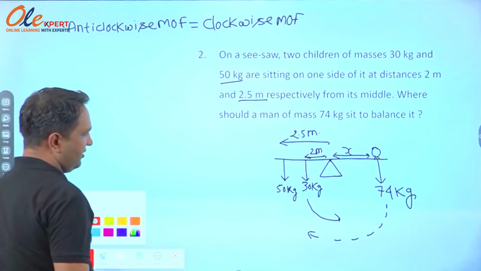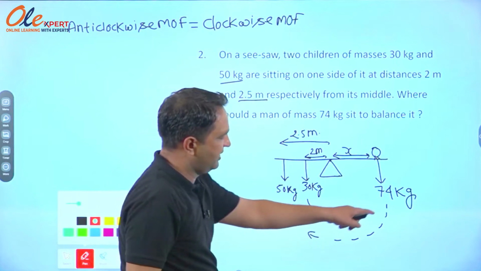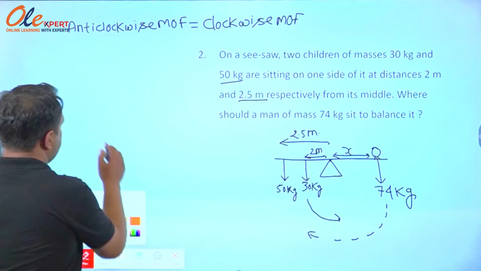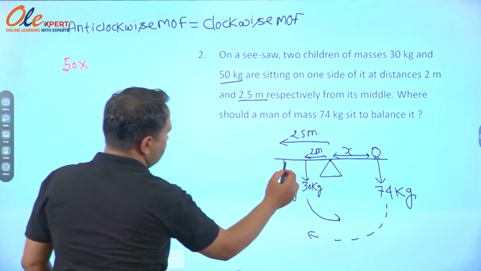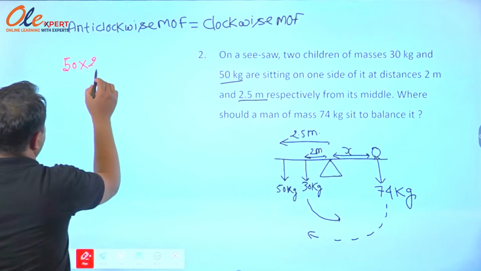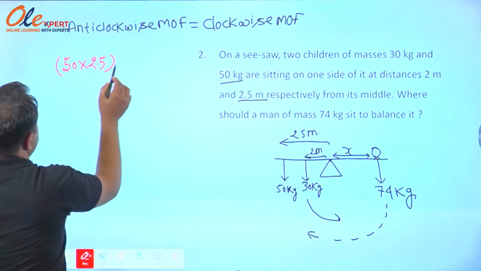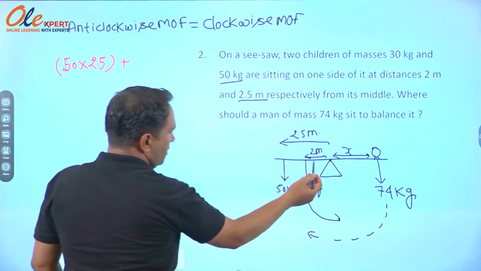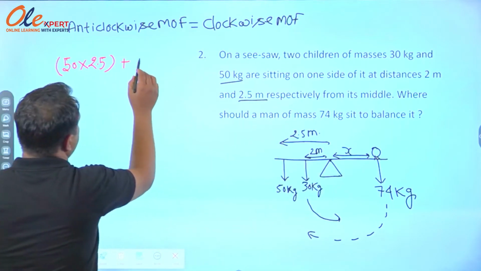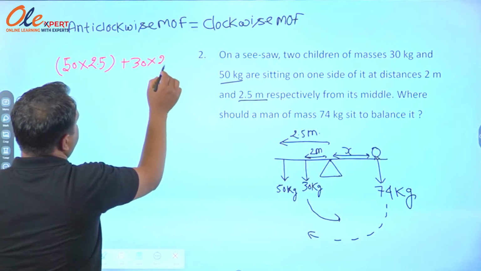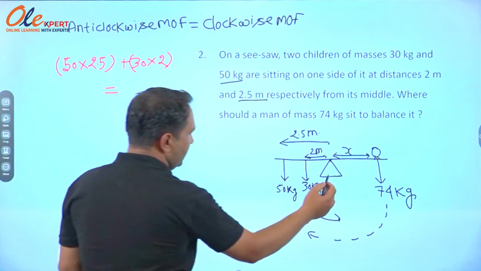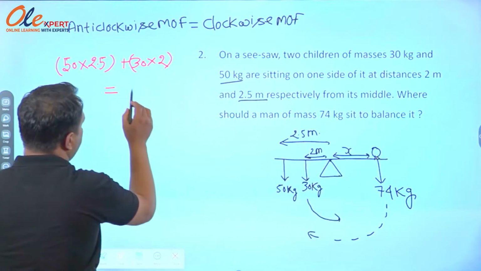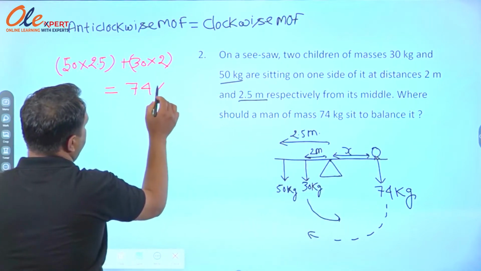So, what is the anti-clockwise moment of force? This one is the anti-clockwise moment. So, 50 into 2.5, the distance is 2.5, plus 30 into 2, this is the anti-clockwise moment of force. It should be equal to the clockwise moment of force, which is 74 into x.